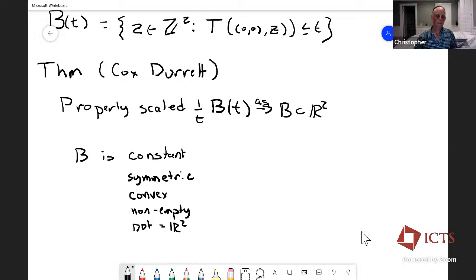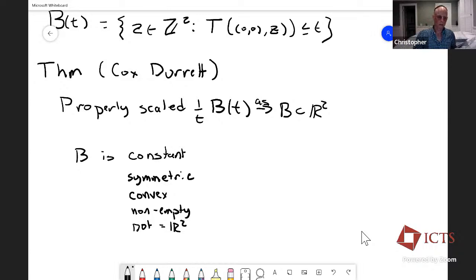And my main theme of this talk is that we'd be better off thinking about it the other way around: if we can say something about the set of geodesics, then we might be able to say something about what this set B is.